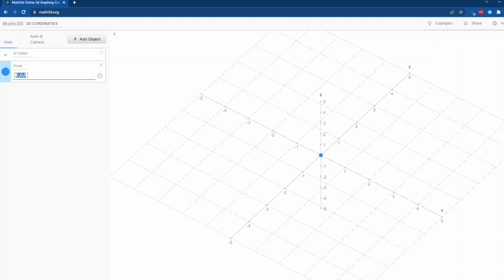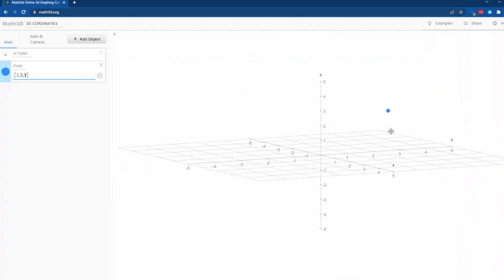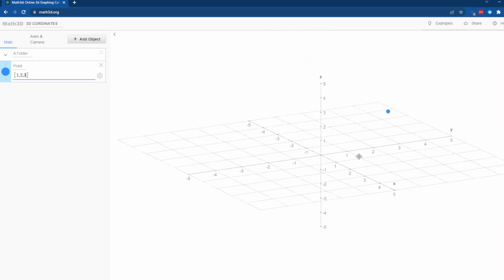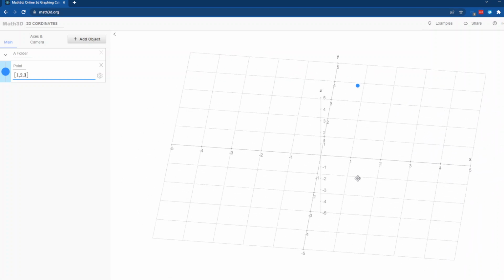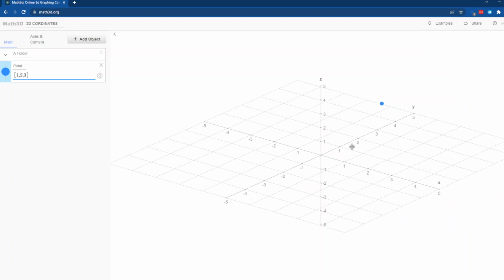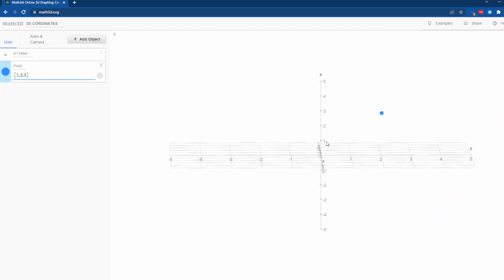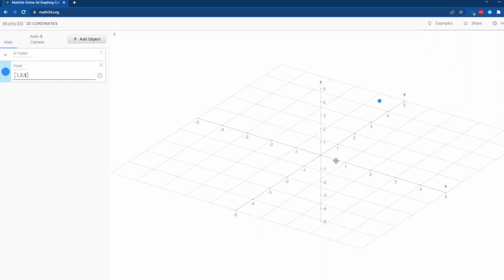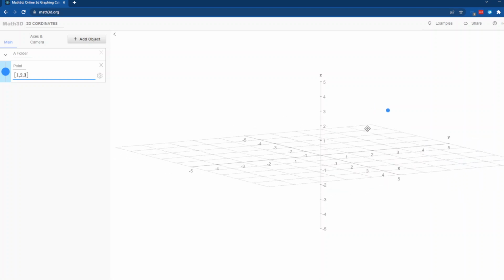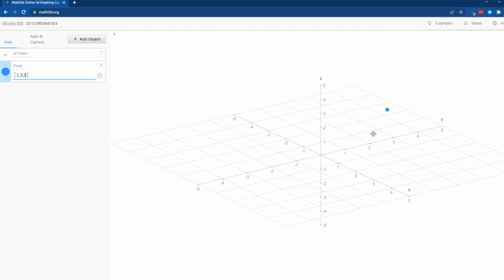Let's say it's 1 on the x, 2 on the y, and 3 on the z. So obviously you can see it would be up there, because it's 1 on the x-axis and 2 on the y-axis. If you did it from the side, you'd see that's at 2 on the y-axis, and 3 squares up, so it's a point in 3 dimensions.